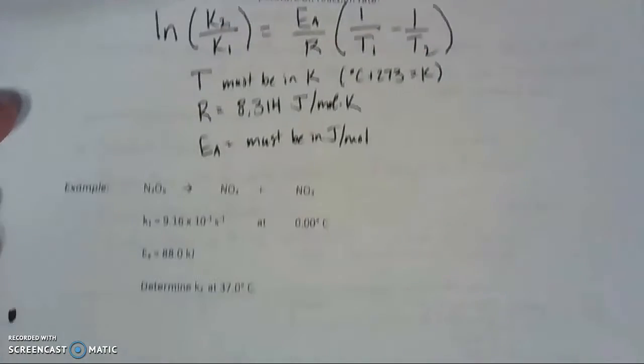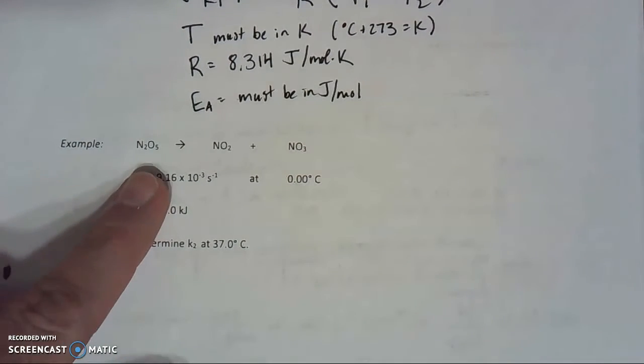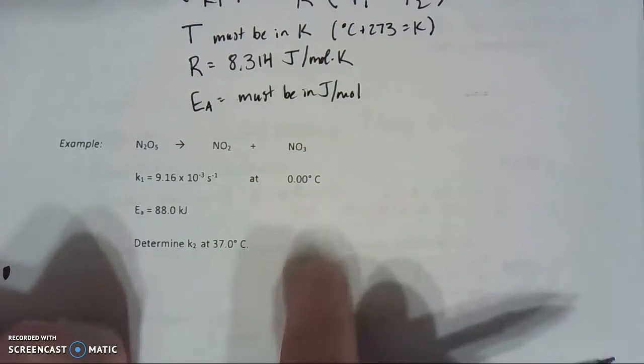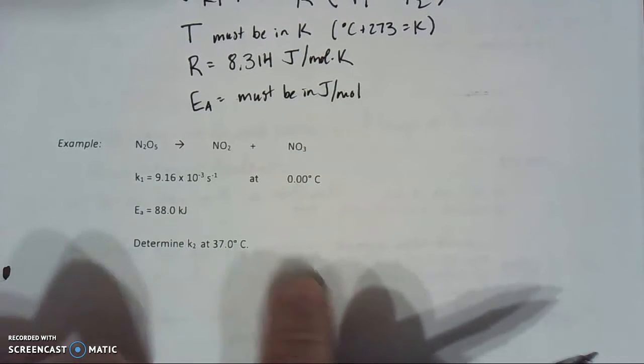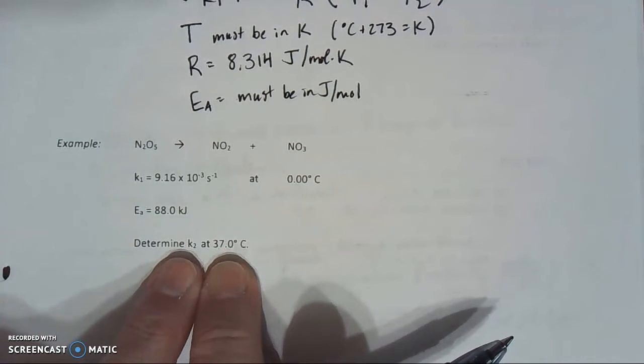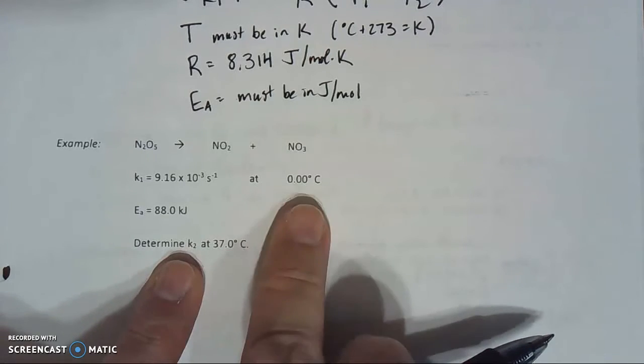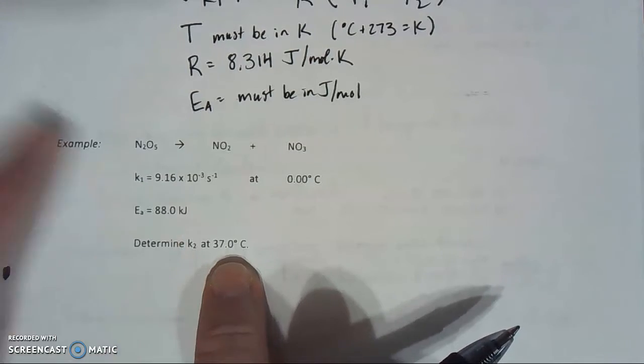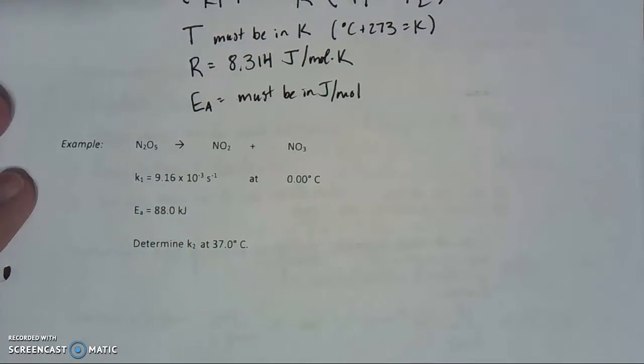So let's look at an example problem. Here we have an equation. We're given a K value at 0 degrees Celsius. We're given an E sub A. We want to know what is K2 at 37 degrees Celsius. So we know if we increase the temperature, the K value should increase, so this number should go up. Let's look at this.